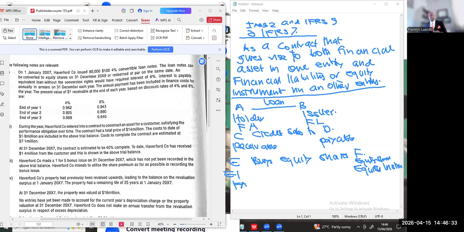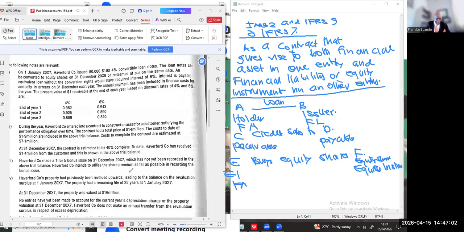Now, I've given 3 illustrations which fit into the definition of financial instrument. And now, it's very important to understand the difference between financial liability and equity instrument. Students have challenges there.